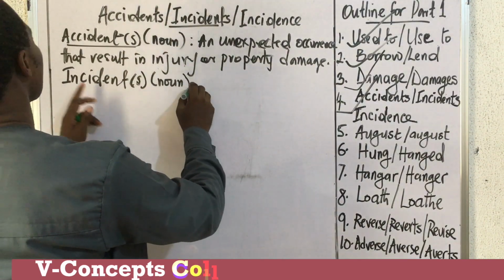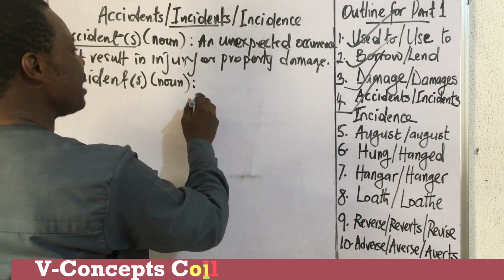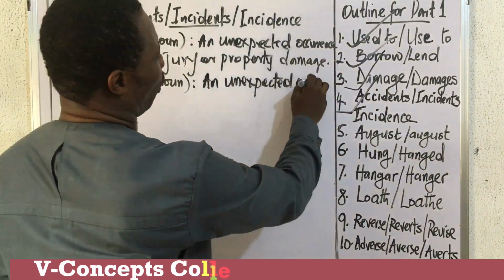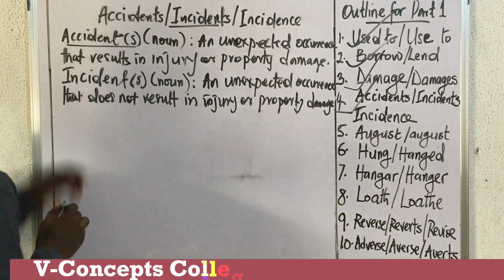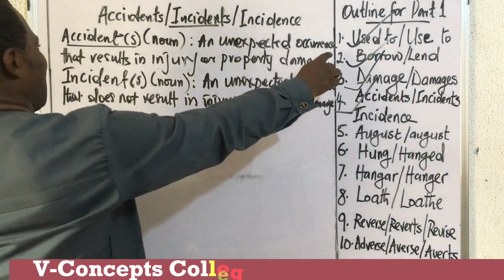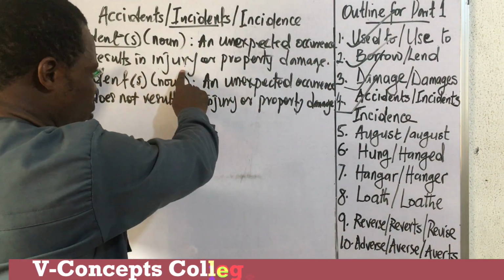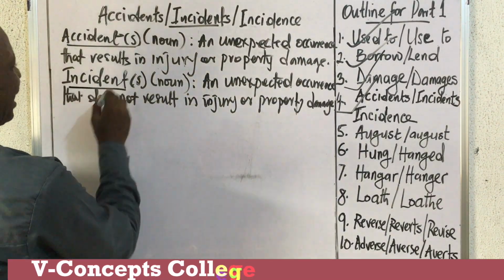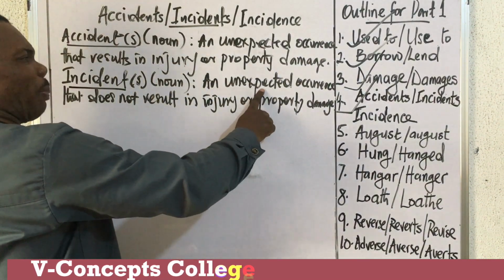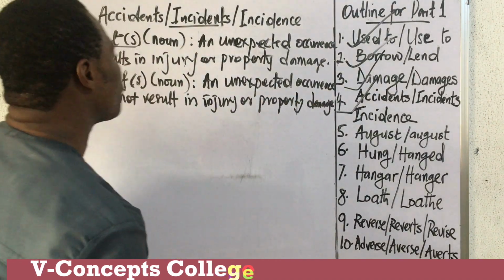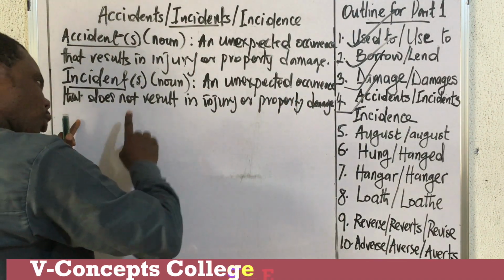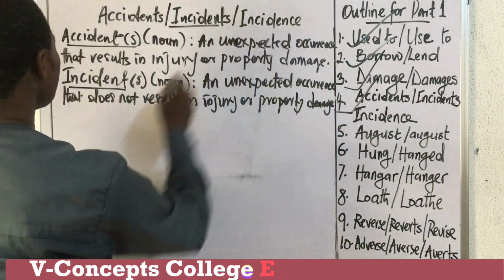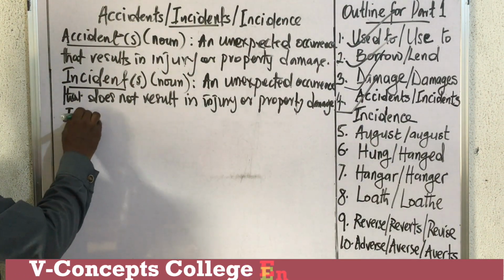Incident means the same thing, but no injury or property damage. Accident, an unexpected occurrence that results in injury or property damage. Then incident is an unexpected occurrence too, but does not result in what? Injury or property damage.